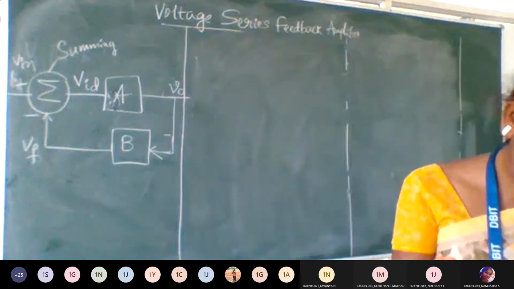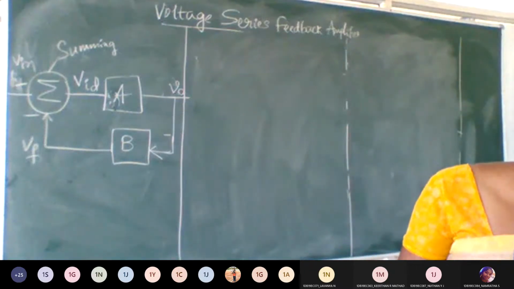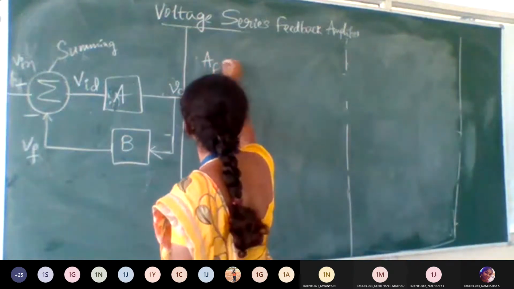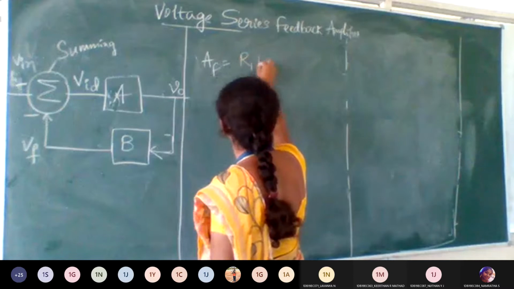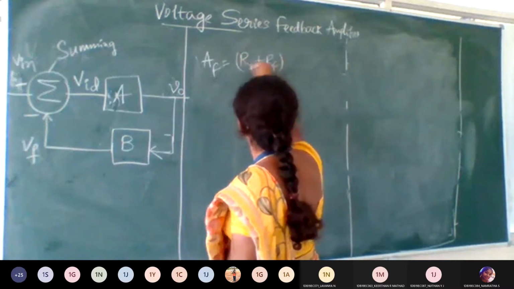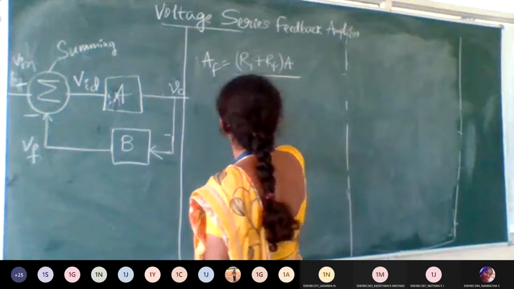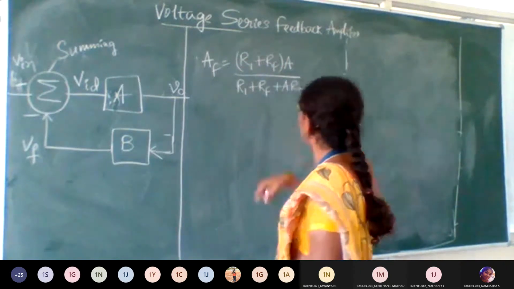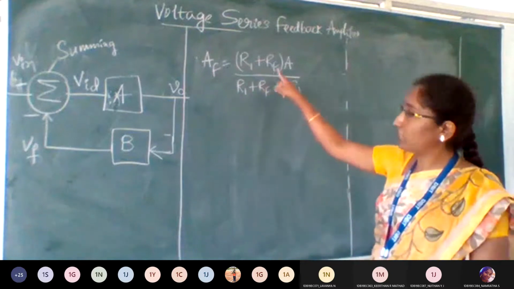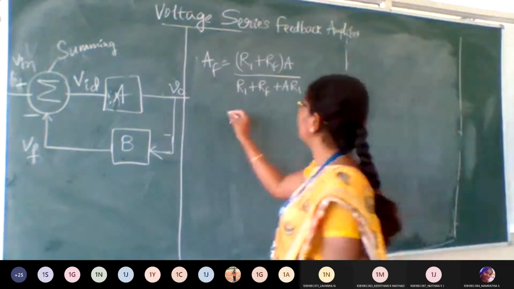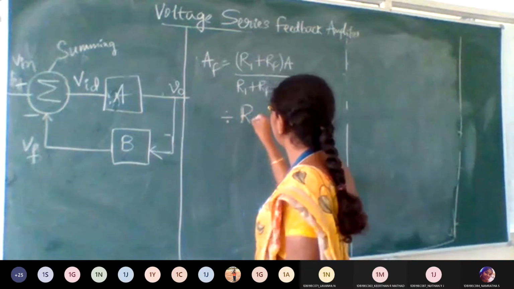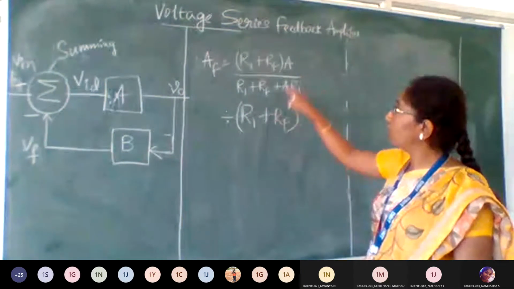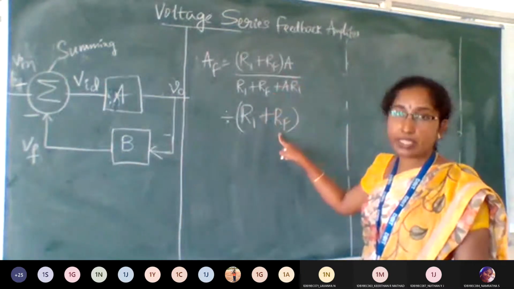So next, you got an expression AF as R1 plus RF into A divided by R1 plus RF plus AR1. I am talking about the previous expression itself. So we have compared AR1 as much greater than this. The same expression I have taken here. What you have to do is divide both numerator and denominator by R1 plus RF.